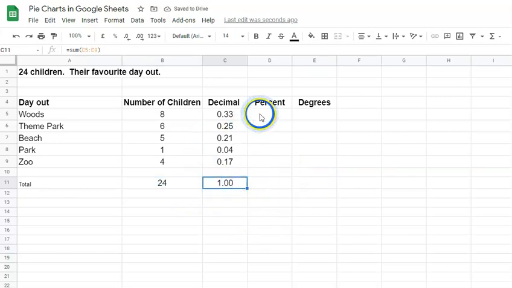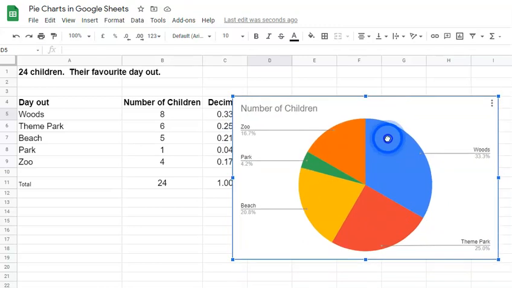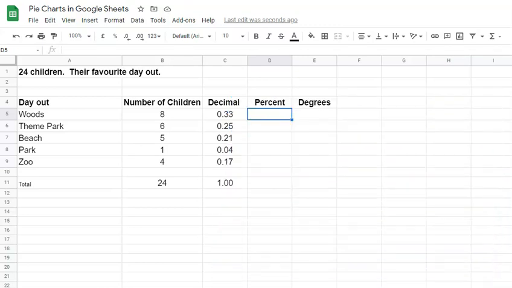Good. To get these as percentages, so the percentages that we saw on the pie chart, although the pie chart gave us those automatically, we can work them out. So converting a decimal to a percentage would just mean multiplying that decimal by 100.